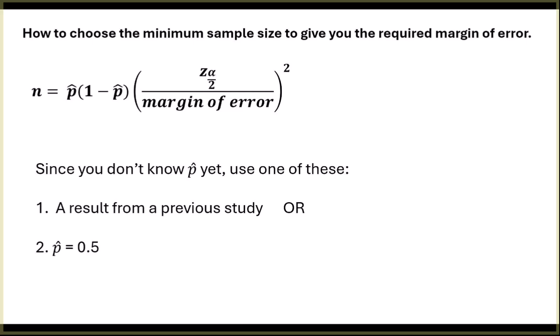Take p hat, multiply times 1 minus p hat, and then you're taking your critical value up there on top as the numerator and dividing by the margin of error, and then you're squaring that. That's not going to be very big, that margin of error on the bottom. But since that's small, what's that going to do to the fraction? Make it big.